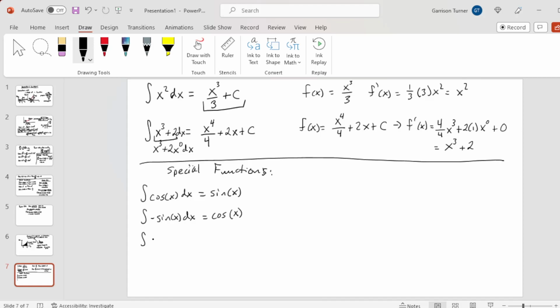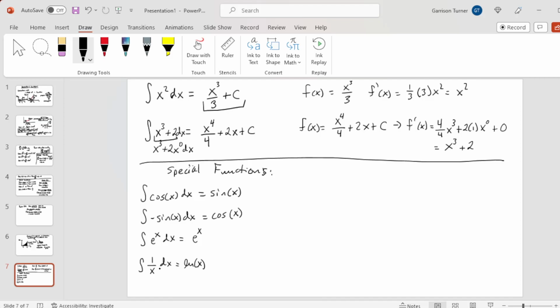The integral of e to the x is e to the x, and the integral of 1 over x is equal to ln x.